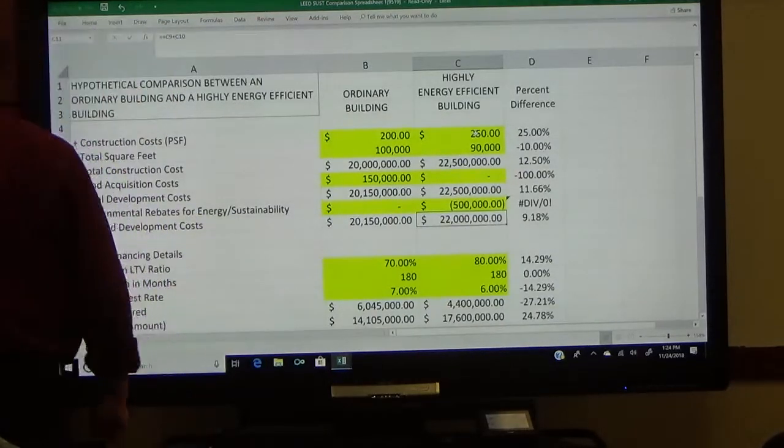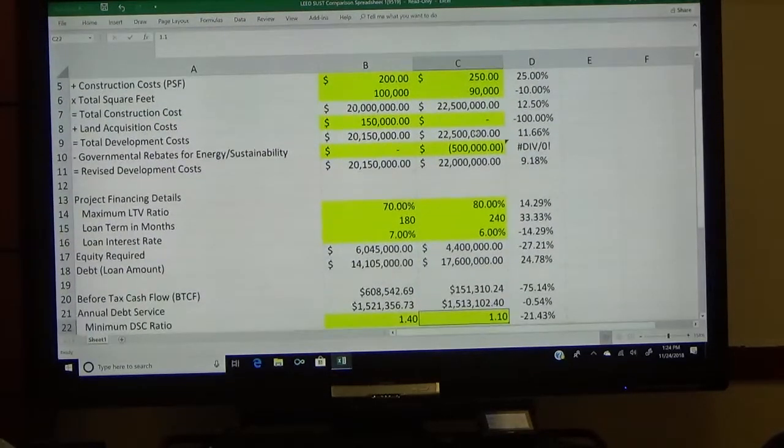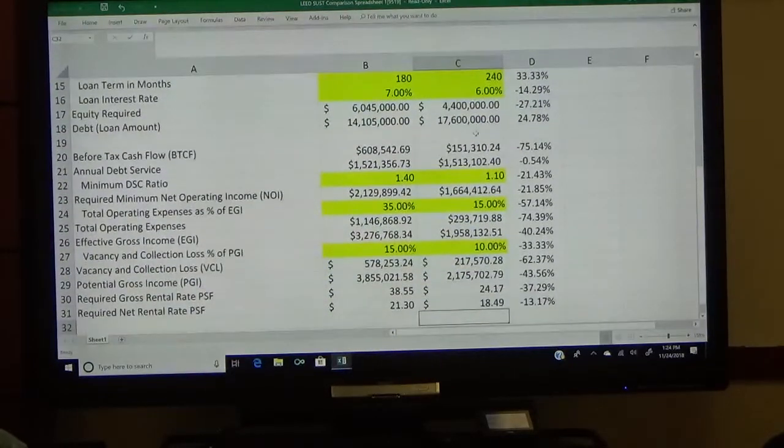Okay, then we come down here, those who've already made some changes, we go from maybe a 15-year term to maybe a 20-year term, so 240 months with the energy efficient building. We come down, okay, all those have already been sort of adjusted, so forth, so on.